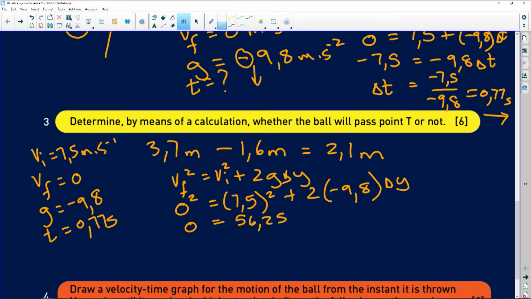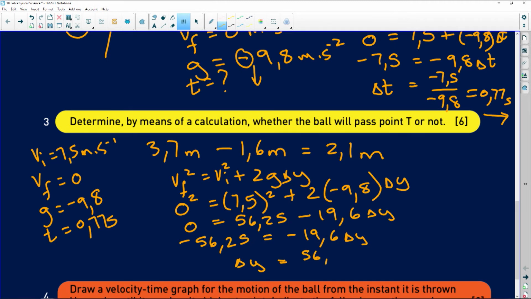So that is equal to 56,25. 2 times 9,8 is 19,6, but it's negative 19,6 delta Y. All right, so we're going to take it across. So we get minus 56,25 equals minus 19,6 delta Y. So delta Y is equal to 56,25 divided by 19,6.